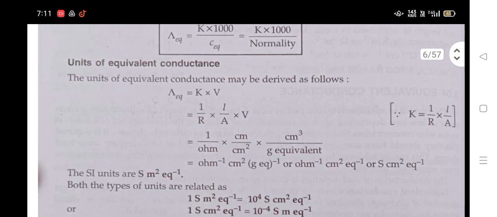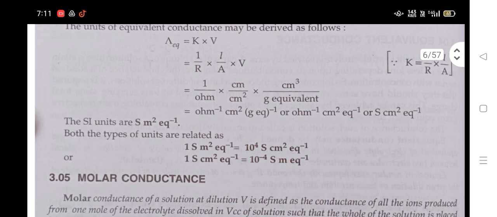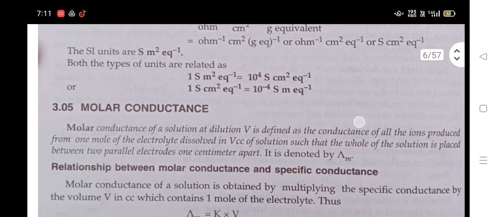Units of equivalent conductance: ohm inverse centimeter square equivalent inverse. The SI unit is Siemens meter square equivalent inverse.